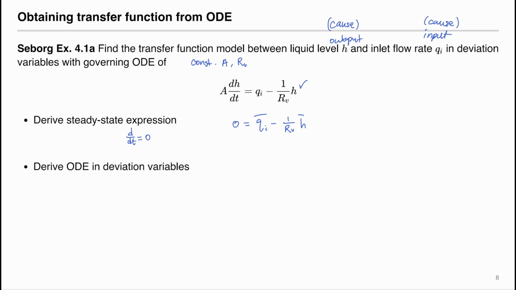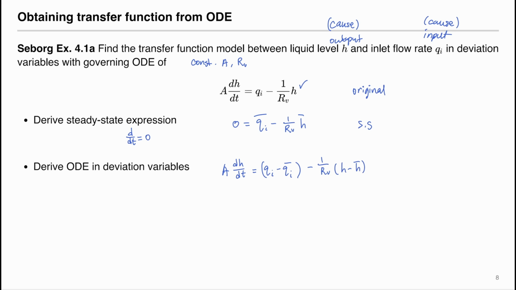And then we derive the ODE in deviation variables by subtracting the steady state equation from the original ODE. So we have the deviation as A dH/dt equals Q of I minus Q I bar minus 1 over RV times H minus H bar.